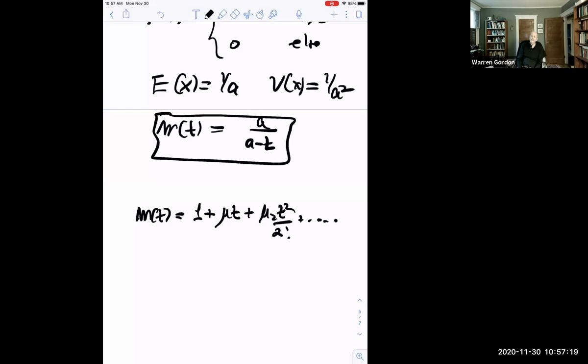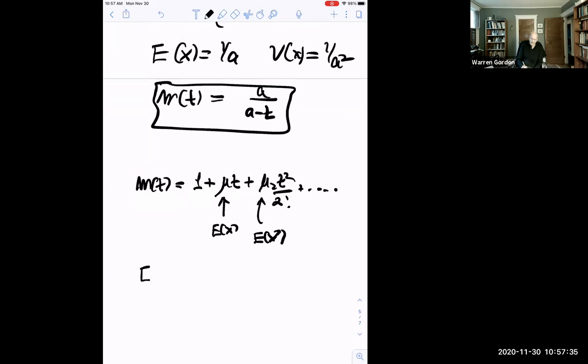So it's really an infinite series. That's one way of looking at it, if you expand it. And each coefficient, notice this is E of X, this is E of X squared, it generates all the moments of the random variable. Remember, E of X to the k was called the kth moment.